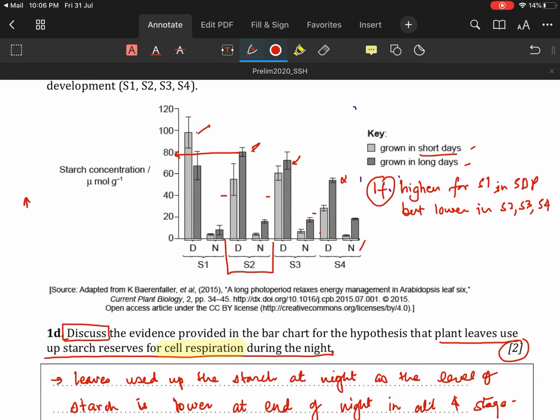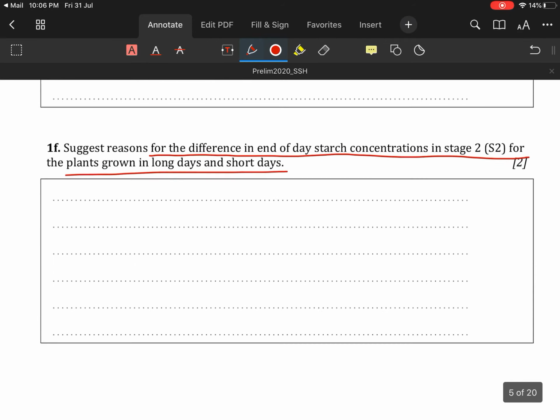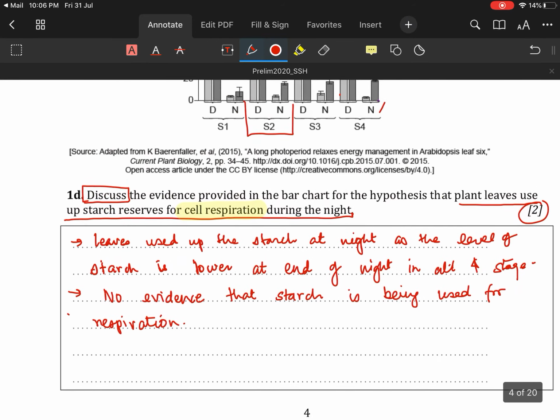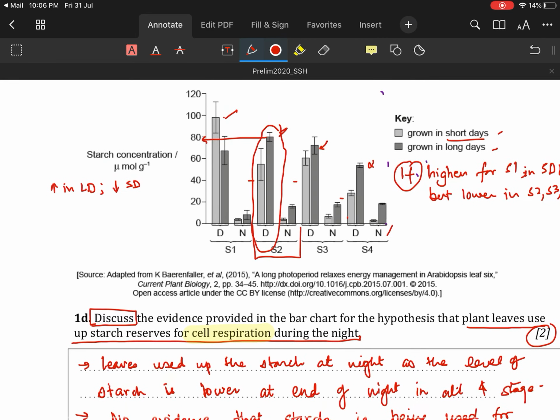I write down: starch concentration more in long day, while it is lesser in short day, in S2 phase. Now, are they asking you about the day or night? Anything about day night? End of day. So we don't look at the night, we only look at this part. Now what is the difference?